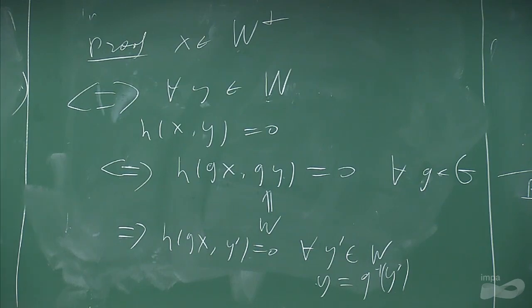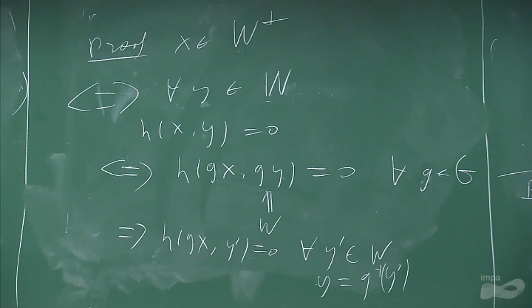Okay, and this has a nice corollary. As a corollary, let G be a finite group, then each G representation over C or R is semi-simple.